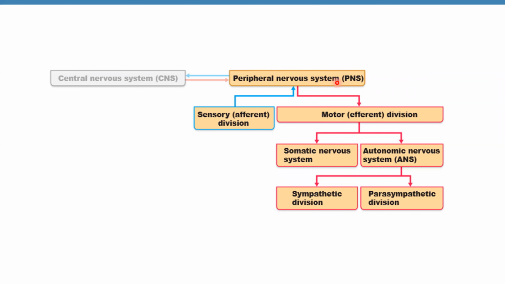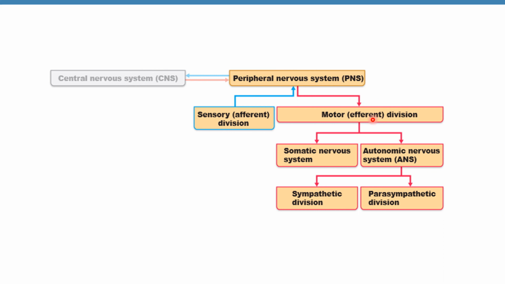So peripheral nervous system is divided into sensory or afferent division, and motor or efferent division. So sensory information moves through the afferent division towards CNS, and information from CNS, or commands or instructions from CNS, moves through the motor or efferent division to the effector organs, muscles, or glands.